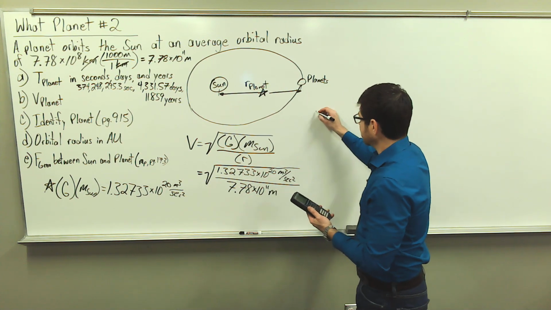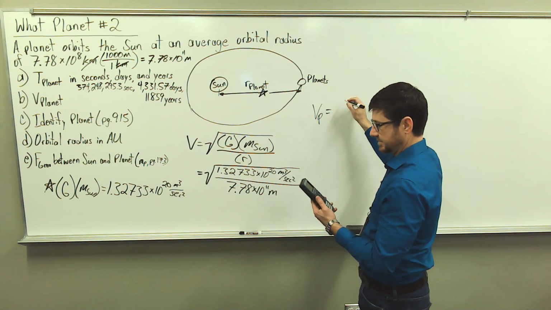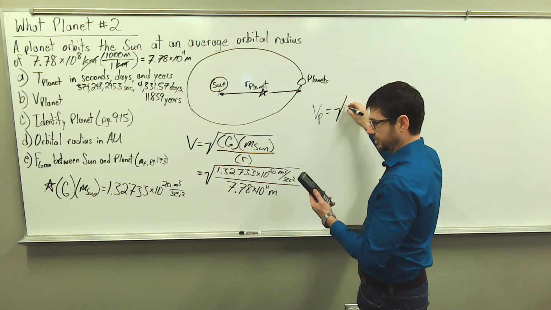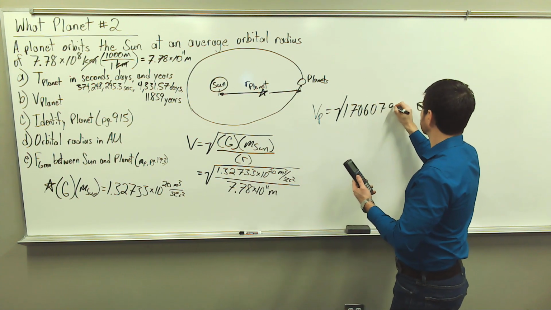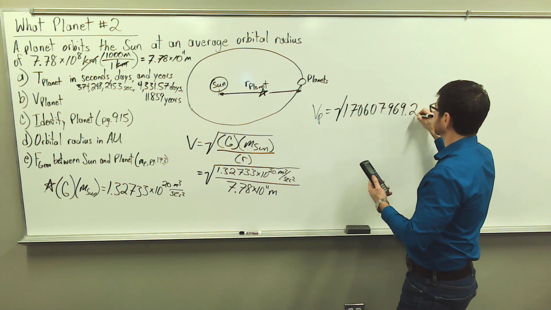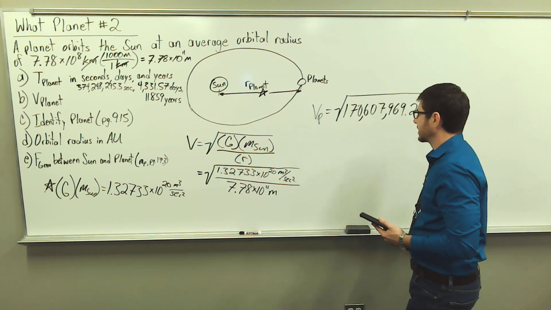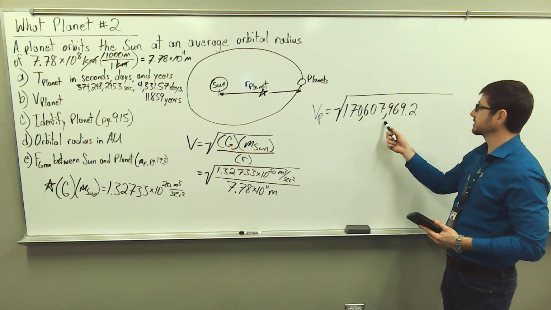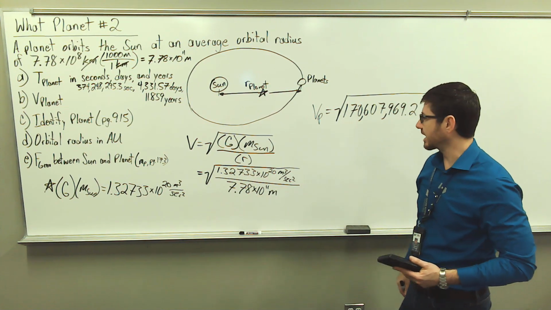What we have is average orbital velocity of our unknown planet is the square root of 170,607,969.2.